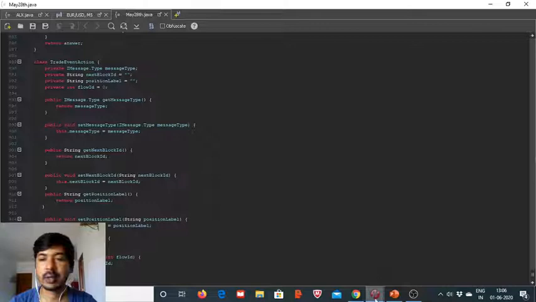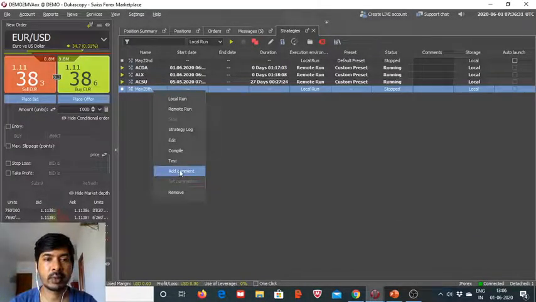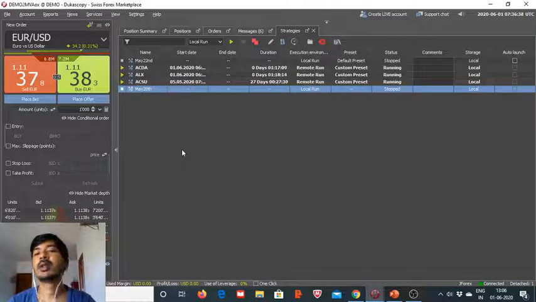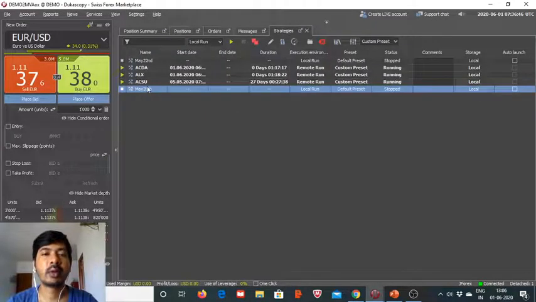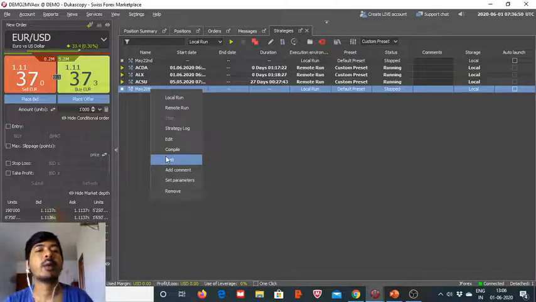Not much long, less than 1000 lines, and we can expect it to be a bit fast while testing. So the first thing we need to do is compile it. Okay, compilation successful.